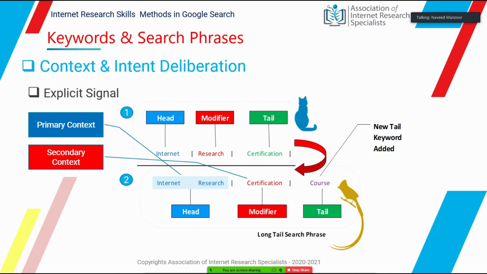So it is going to be a broader search if you have fewer words, less explicit, less context, more search results. And we call it short tail.